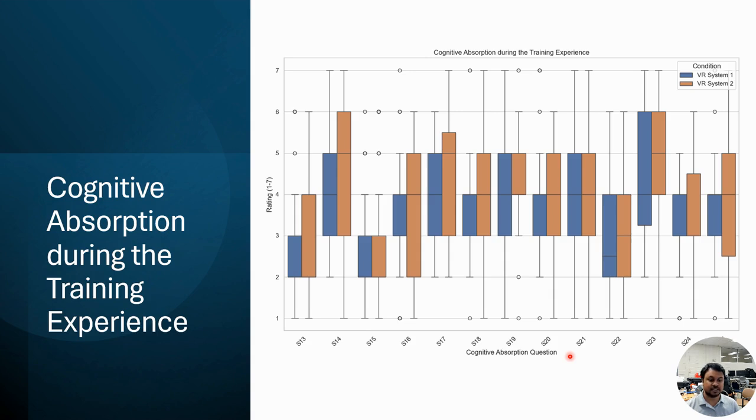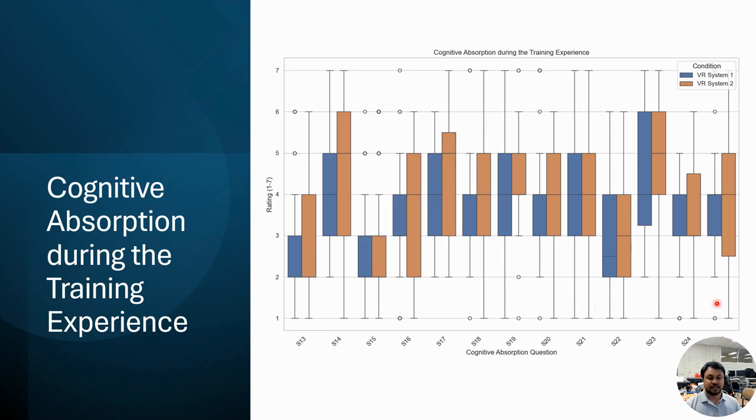Both systems perform very well and quite similarly, but VR2 shows a slightly better result than VR1. And S13 and S14 are about time distortion. VR2 shows a higher rating, indicating stronger temporal immersion than VR1. What does that mean? That means VR2 participants reported time passing quickly and losing track of time during the training.